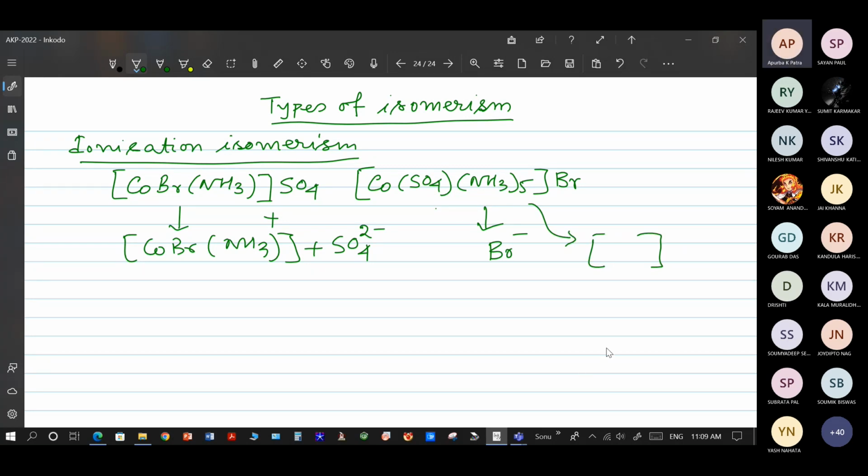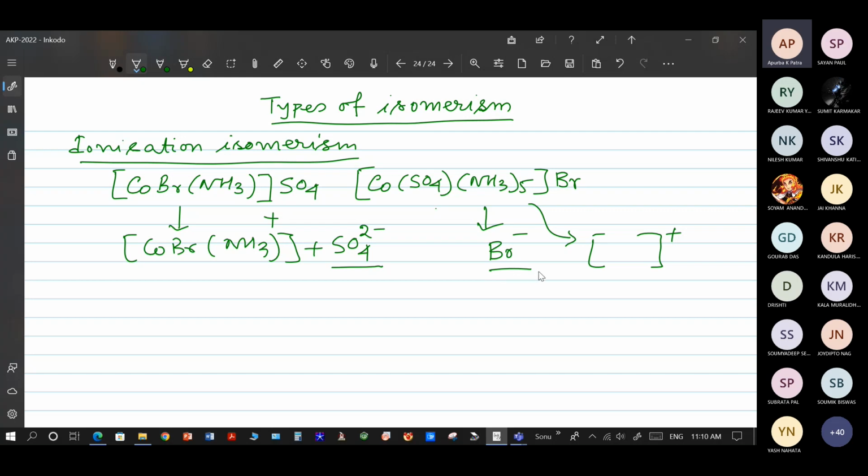Cobalt is in the plus 3 oxidation state. So, due to the ionization, you can find the sulfate anion as well as the bromide ion in the other case.